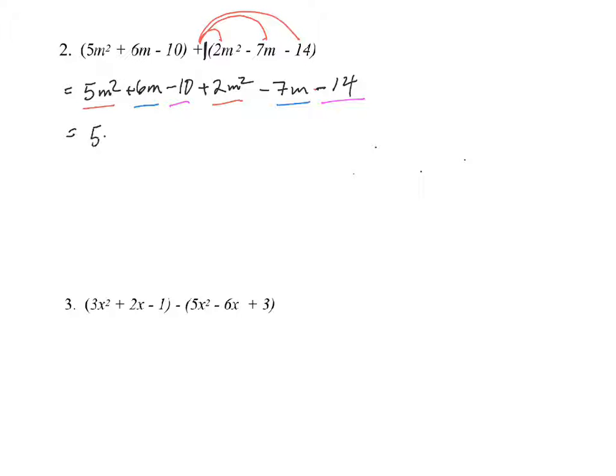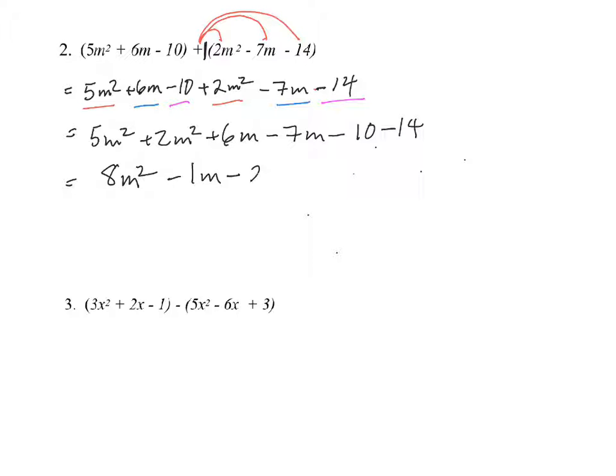So you've got 5m squared plus 2m squared plus 6m minus 7m minus 10 minus 14. 5 and 2 gives 3m, nope, not 3m squared, 8m squared. 6 minus 7 gives us minus 1m. Negative 10 minus 14 is negative 24.